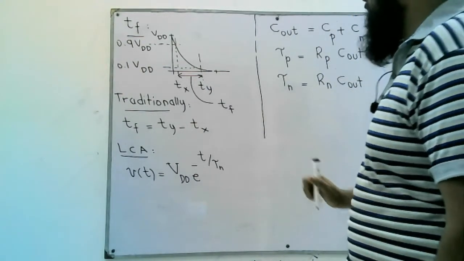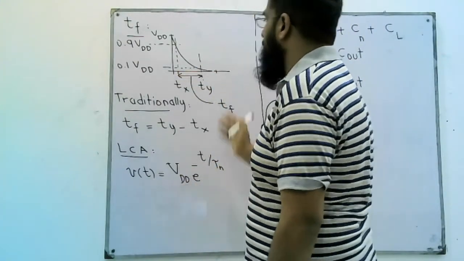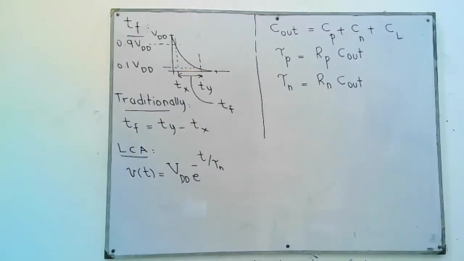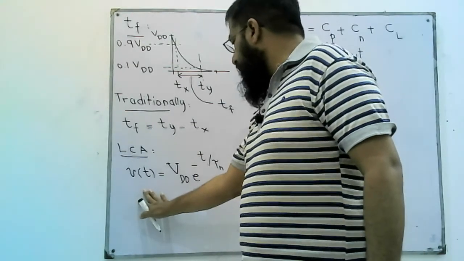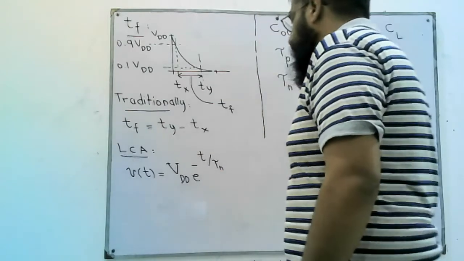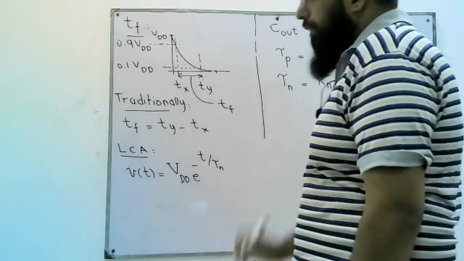So this is how we can write this expression. This is not a new expression, we studied this in our earlier basic courses of electrical engineering. So we can rearrange terms in this expression to get t on the left hand side and everything else on the right hand side.